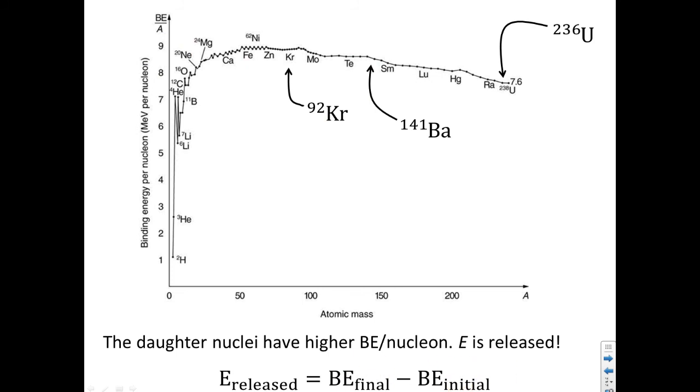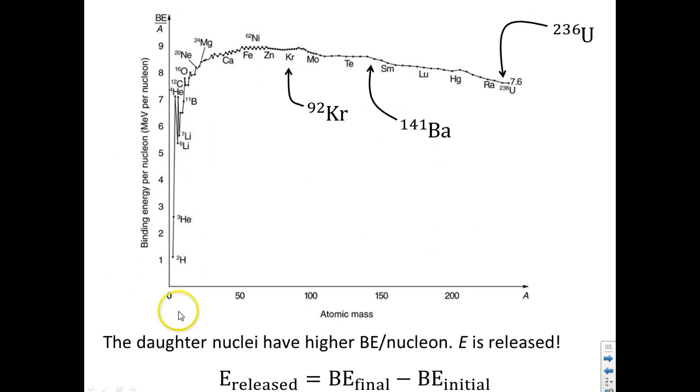So if we start over here to the right, when this thing splits into two other atoms, we lose atomic mass. Each of the daughters has less mass and has more binding energy per nucleon.